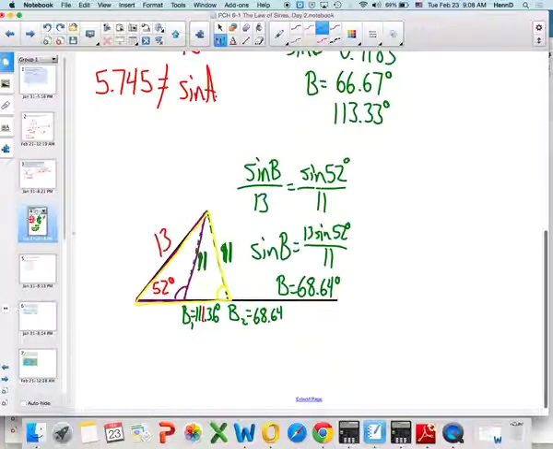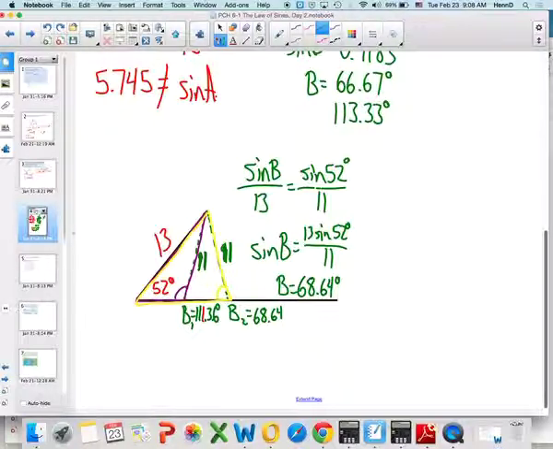Makes sense. Okay? Both of them are possible. But obviously, this side here would have to be shorter to have the 111.36 degree angle. This side on the bottom would have to be longer in order to make this an acute triangle. Since we weren't given that side, it can be anything.